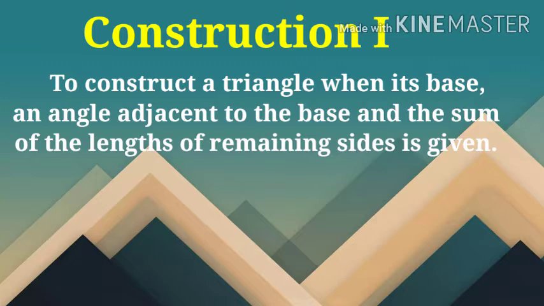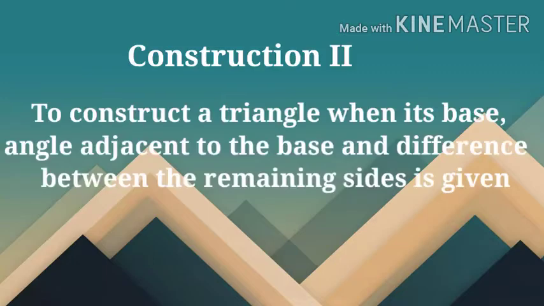Today we are going to construct triangles when the base, an adjacent angle to the base, and the difference between the remaining sides is given. So we will move on to practice set 4.2.